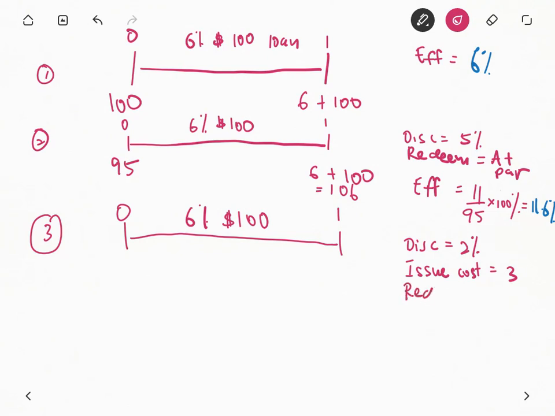And I'm going to redeem at par. So how much will I receive net? Minus the discount, minus the issue cost. Understand? The discount is 2%, means I got only 98. Not only 98, I have to pay a $3 issue cost. So the net amount will be 95.